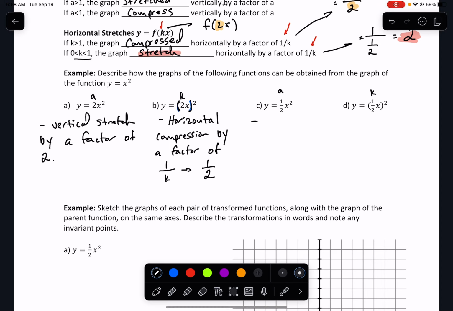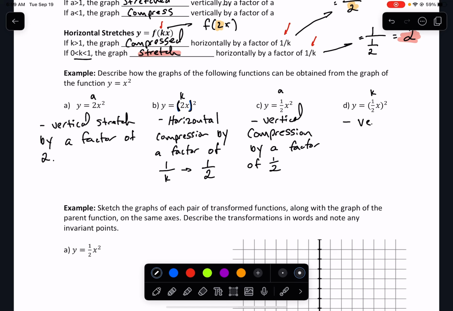This one, no brackets here, so this is a vertical compression by a factor of 2. Sorry, 1/2. And the last one, again, I see the brackets, and it's going to be opposite because I see the brackets.